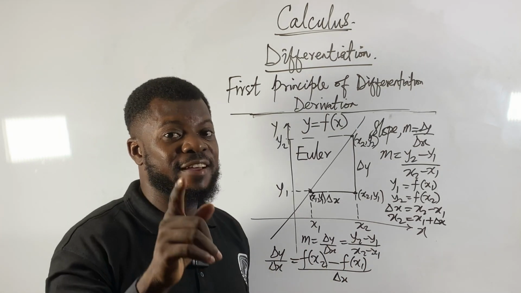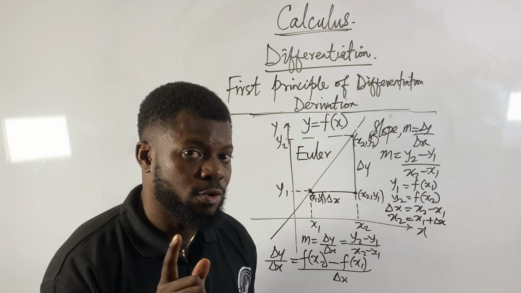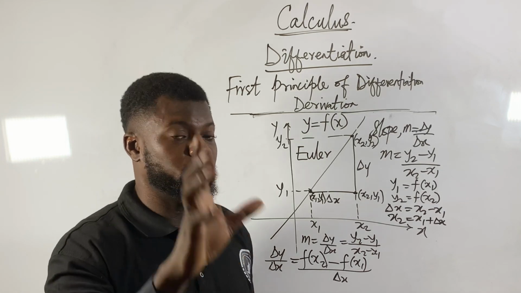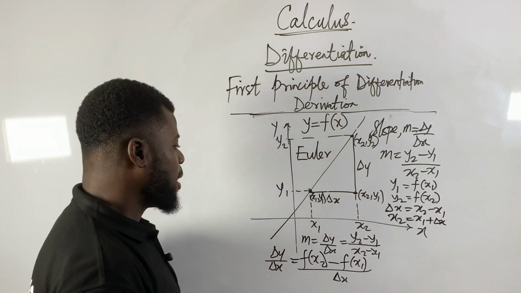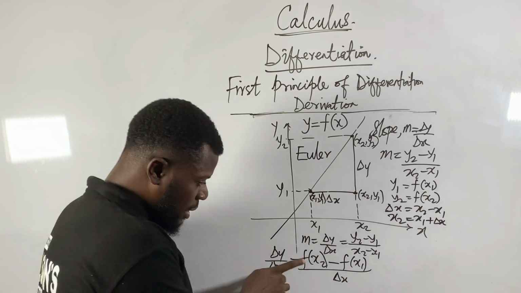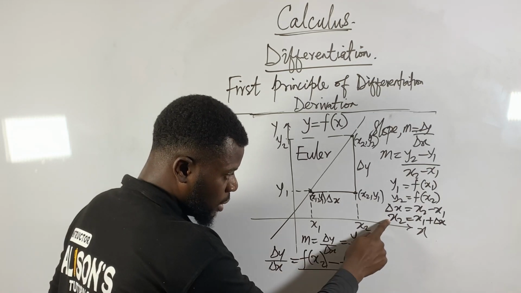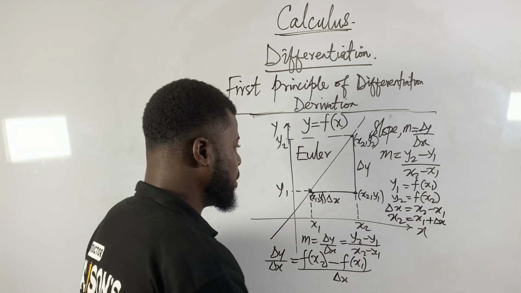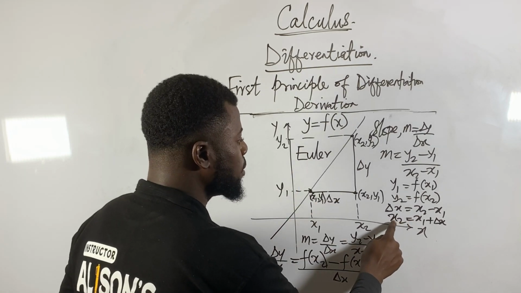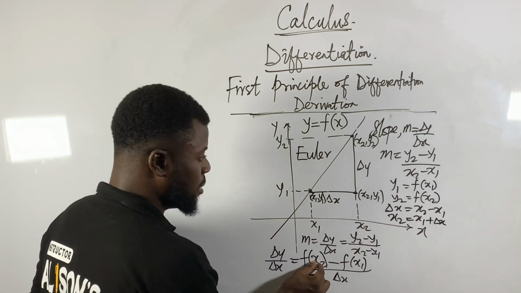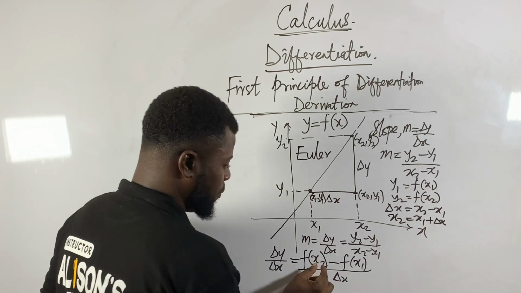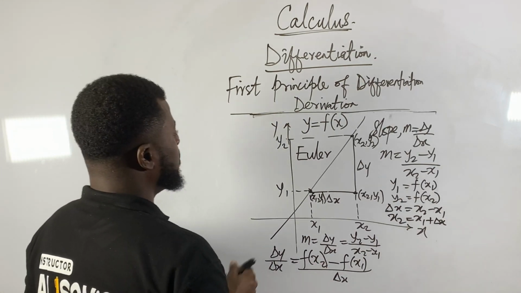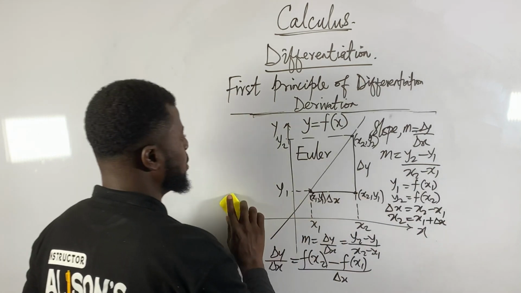Remember, say we want to derive the first principle of differentiation. So now, if you get this point, you see I get x2 here. So that means in place of this x2, I will replace it with x1 plus dx in this particular place. So I can come out with this part.